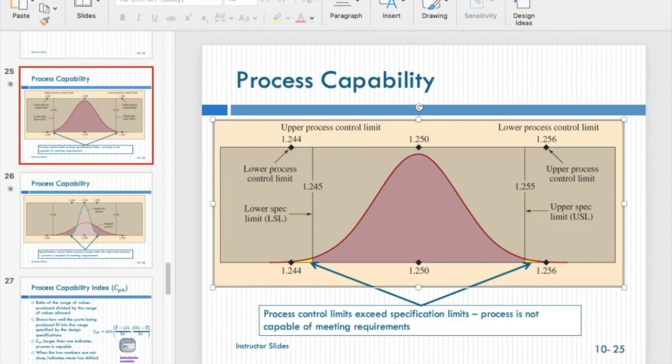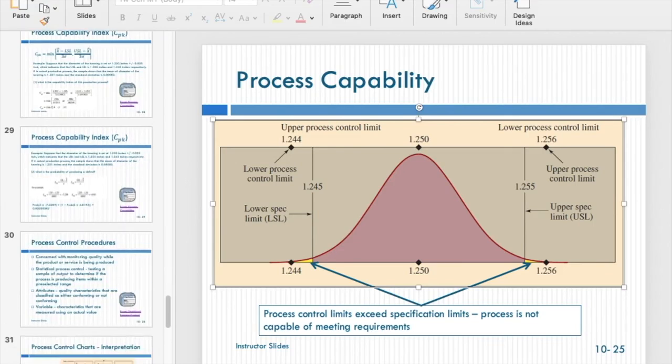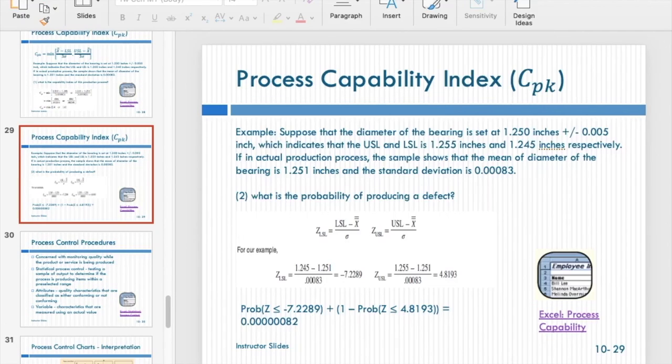You can use 1 minus the whole area to the left-hand side of this number to get this yellow area. And once you get this area and that area, you add them up. That's why we always use the probability of z less than or equal to the smaller number, plus 1 minus the probability of z less than or equal to the bigger number. And the intuition is exactly what I just mentioned.